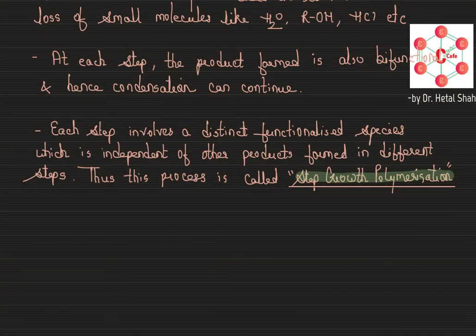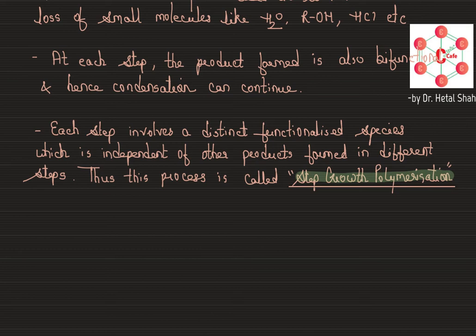And now the last part, why is it called a step growth polymerization? The reason being here, at every step, you get a distinct product which is produced, right? There are no reactive intermediates generated, but at every intermediate step that occurs in the process of polymerization, you find that there is a distinct functionalized species, which means an individual molecule gets formed, and it is independent of all the other products which are produced during various stages.